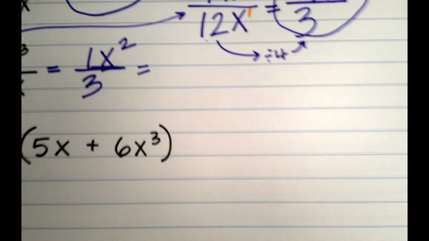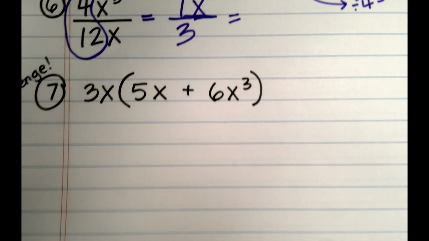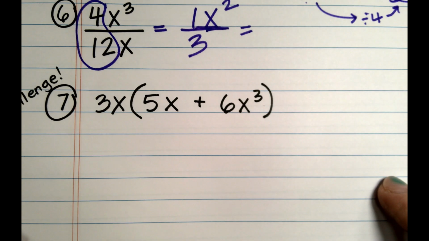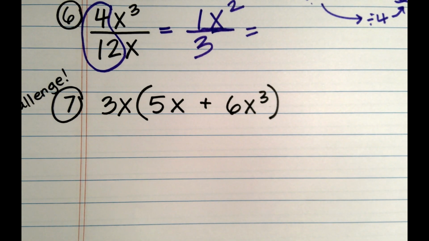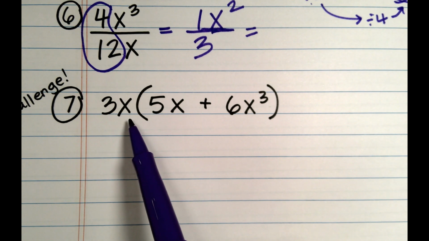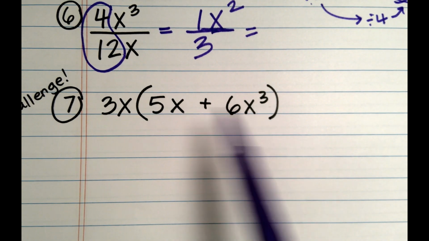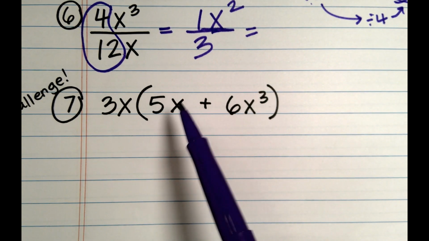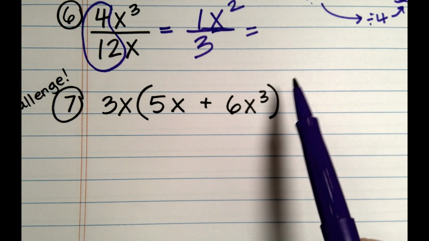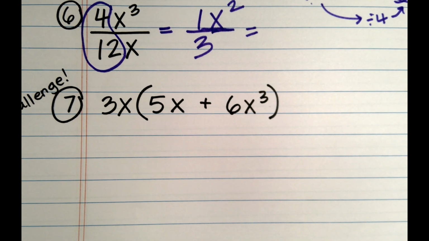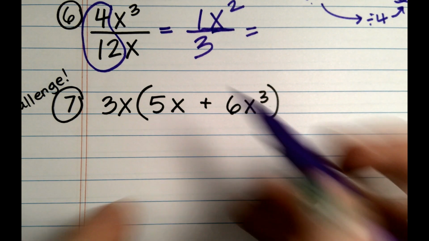Okay, so here we kind of combined what we've been doing with our distribution. Now I have 3x times the quantity inside the parentheses, 5x plus 6x to the third power. So how would I go about simplifying this? What would I do? We're distributing.